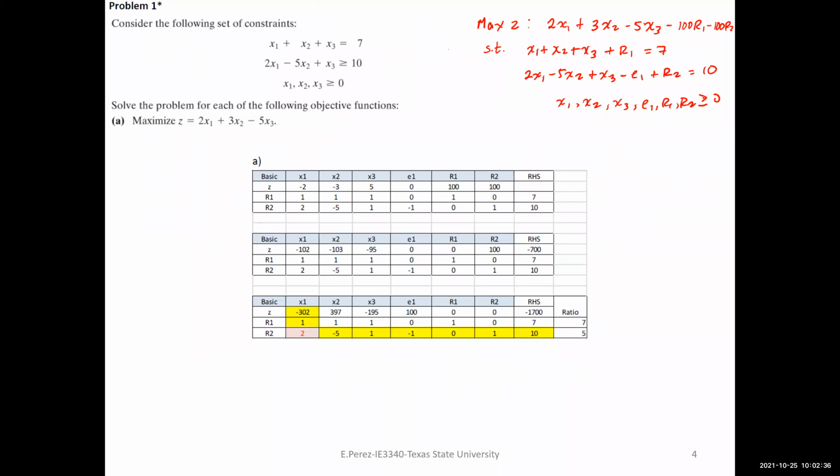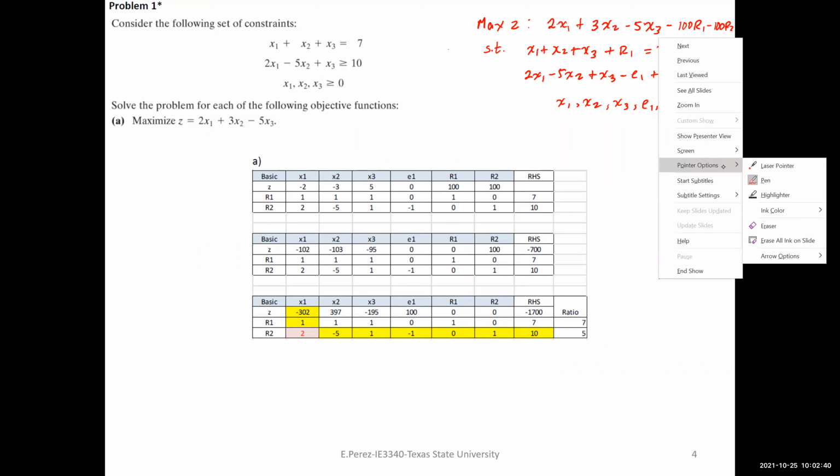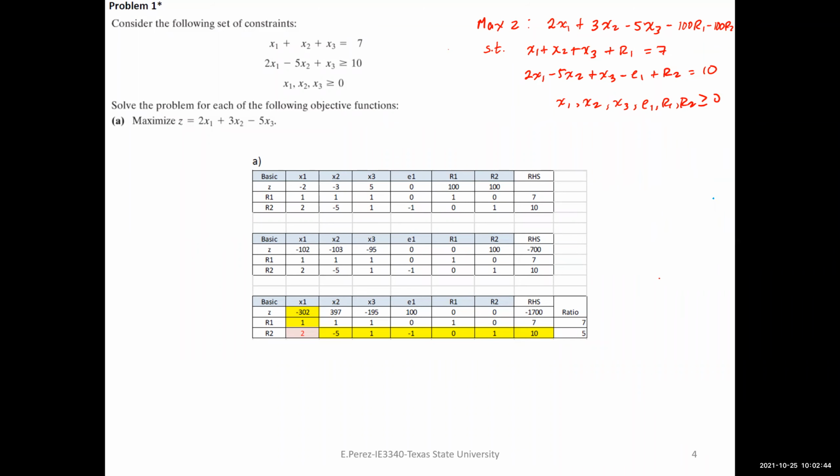As we have discussed, to set up the objective function, we have to move everything to the left side. So we have z minus 2x1 minus 3x2 plus 5x3 plus 100 r1 plus 100 r2 equals 0.